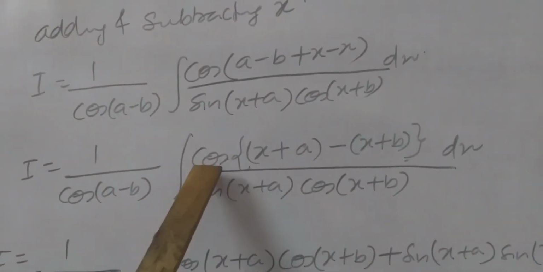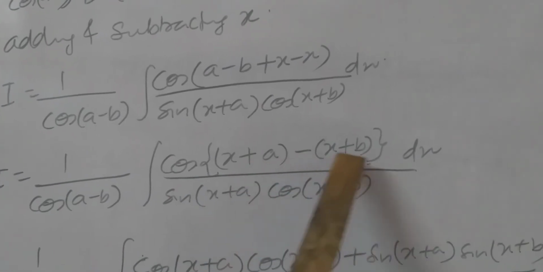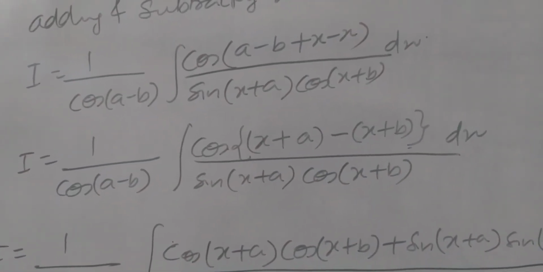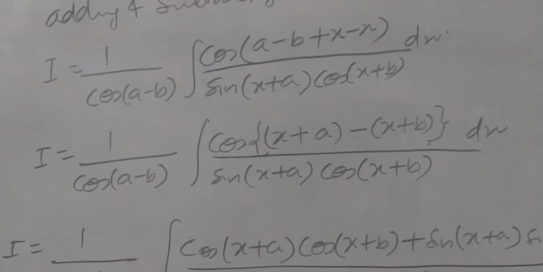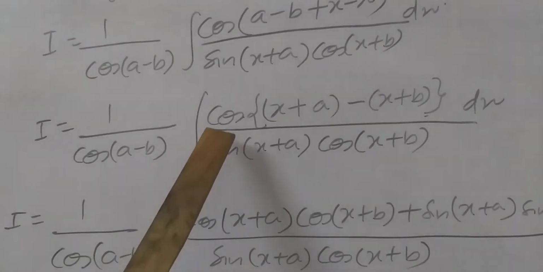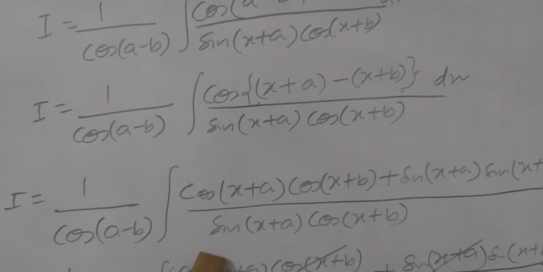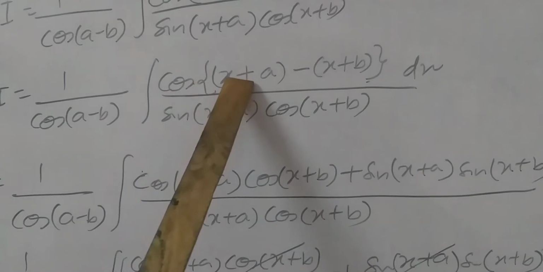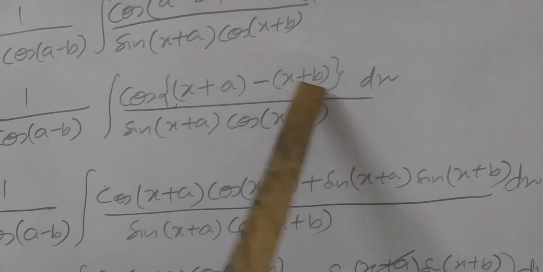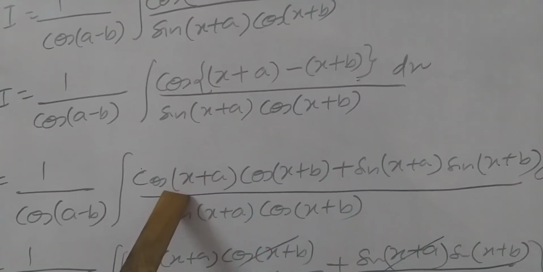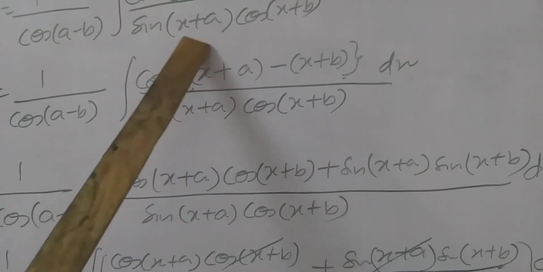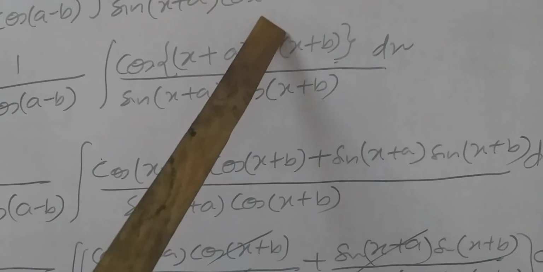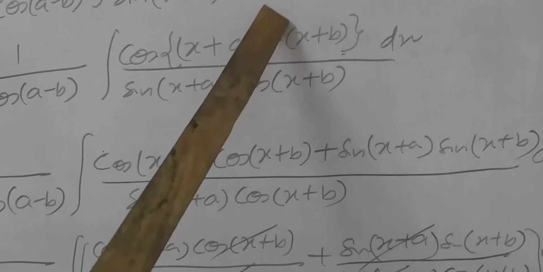So we can apply here the formula cos a minus b. We know that cos a minus b formula is cos a cos b plus sin a sin b. So cos x plus a cos x plus b plus sin x plus a into sin x plus b. In place of a we write x plus a, and in place of b we write x plus b.